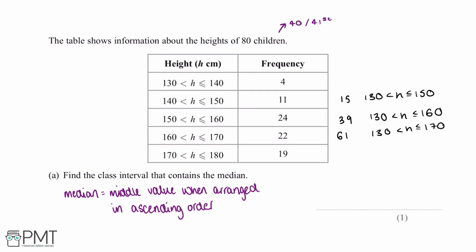So this means this is where the 40th and 41st child will be. So this means the class interval that contains the median will be the class interval 160 is less than the height, which is less than or equal to 170 centimetres. And this question's worth 1 mark, and that's for the correct answer.